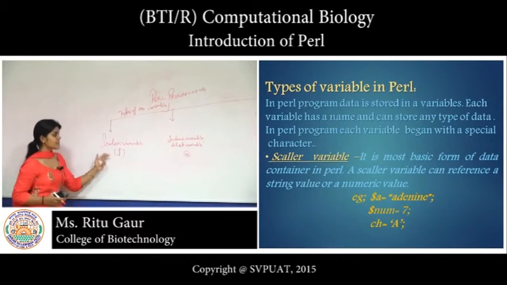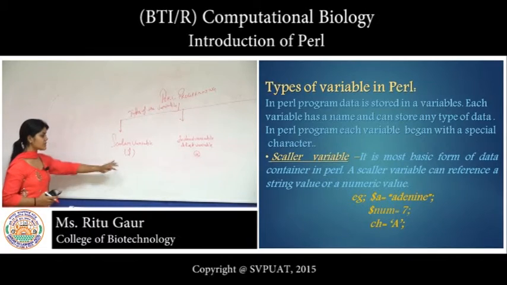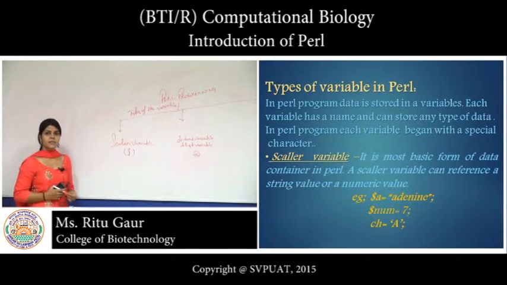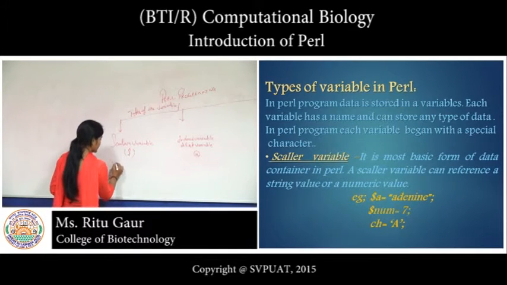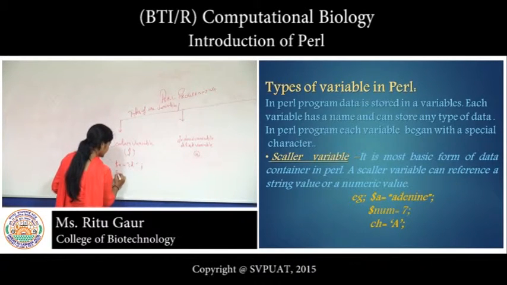A scalar variable is a variable in which we can input any type of data. It can be numbers or characters. Like $A can hold any character in double quotes, and it can contain numbers.